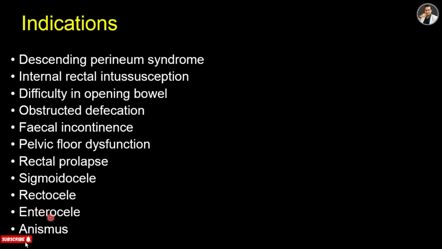And enterocele is significantly more common in females, especially after hysterectomy. And the anismus. The anismus or dyssynergic defecation is the failure of normal relaxation of pelvic floor muscles during attempted defecation. So these are the main reasons or indications for MR defecogram.